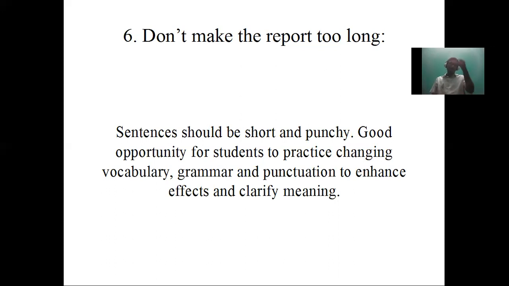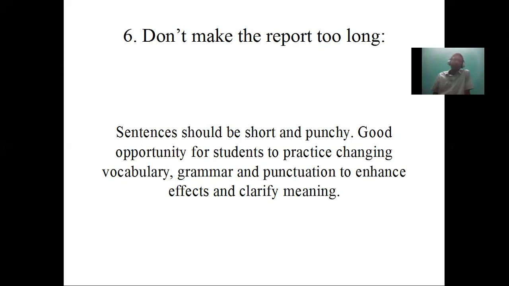In this regard, some lines are there. Sentences should be short and punchy. A very important word, punchy. Short and punchy words should be used, so that people feel interested, people enjoy it. Just like Kapil Sharma, the famous host, he always used punchy words, and people laughed out with his dialogues, with his sayings.